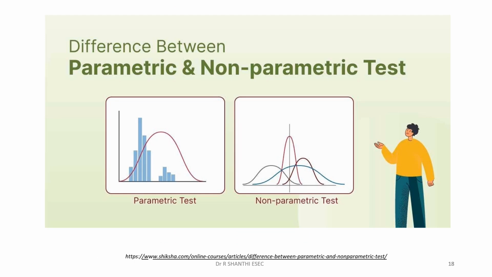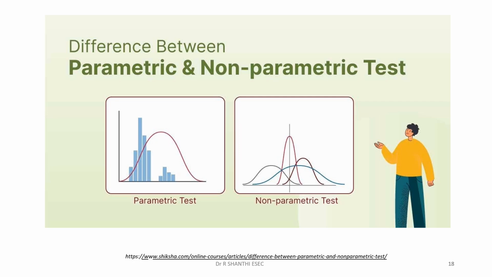Now, what is the difference between parametric and non-parametric test? Generally, I said the tests are divided into parametric, non-parametric, univariate, bivariate, multivariate. Like that, there are many ways by which the test can be divided. Right? Now, parametric means when you know the population parameters.